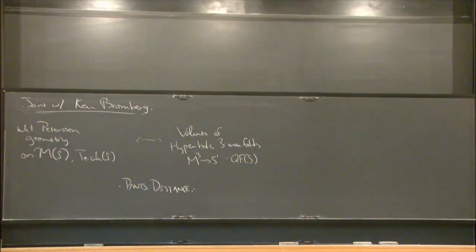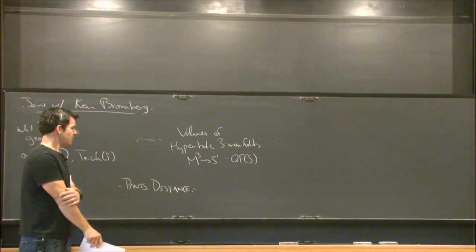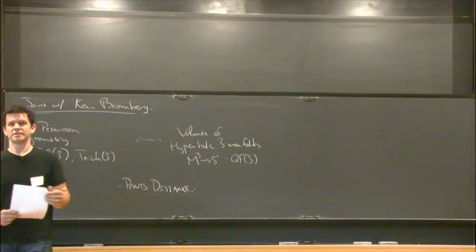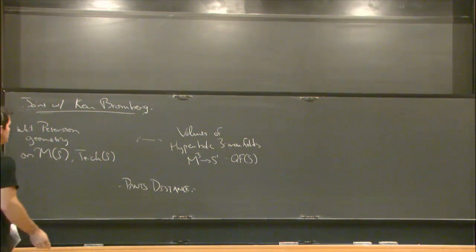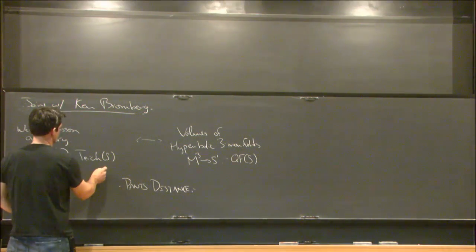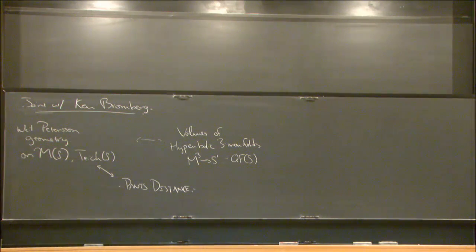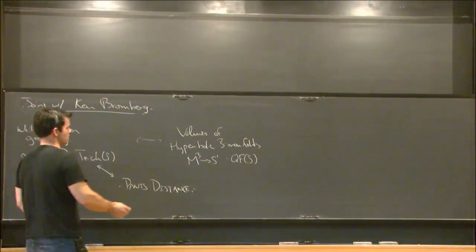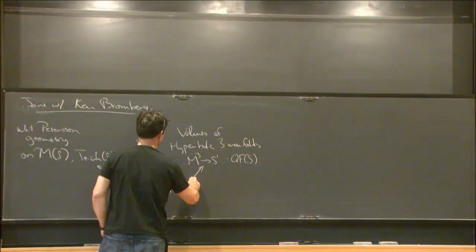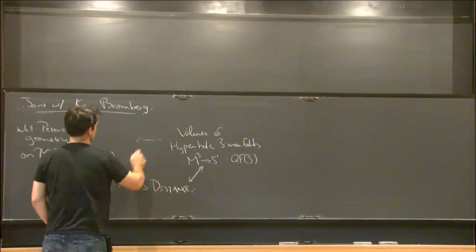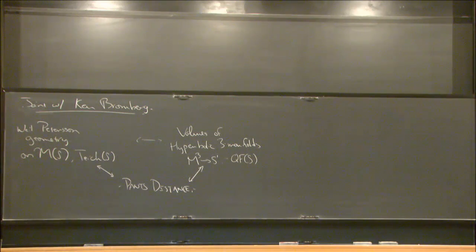This is a combinatorial notion related to isotopy classes of decompositions of the surface S into pairs of pants, having to do with a kind of elementary move distance. And the idea is that if you can show that there's a coarse relationship here, in the sense of quasi-isometry, and likewise some coarse relationship here, then you get this one. And that was the strategy.